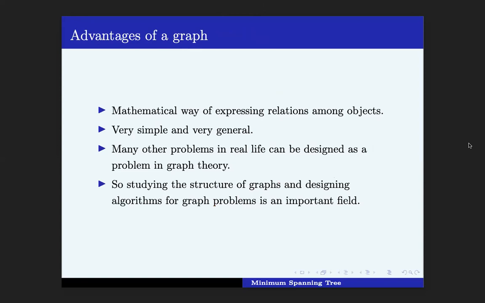This is an example which has been done in your discrete math course and even in the algorithms course, that many times a graph helps to write a problem in an abstract way, into the same kind of structure. This is why we study graphs or graph algorithms in particular.